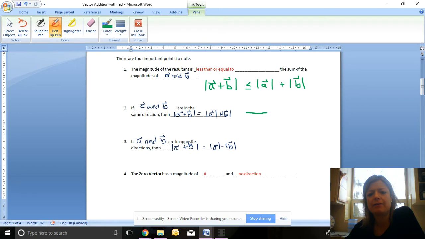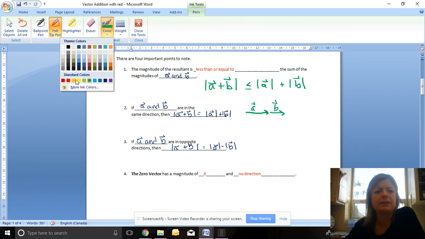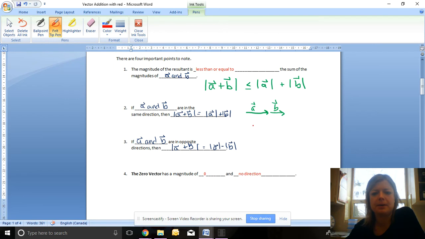So if you have A and B going in the same direction, like that, then their resultant, A plus B, is just the sum of their individual magnitudes.